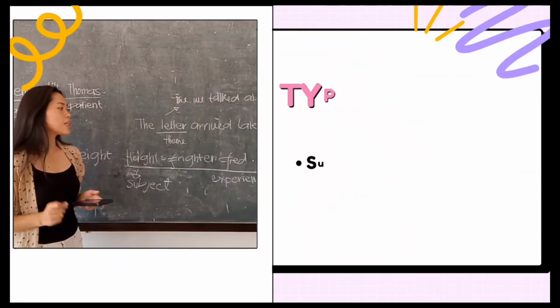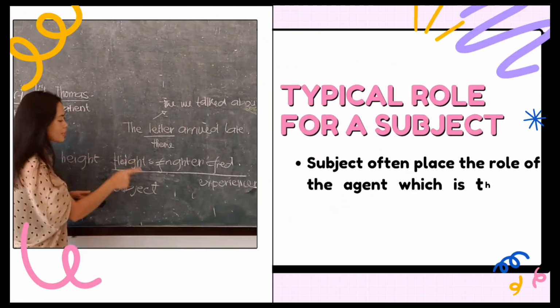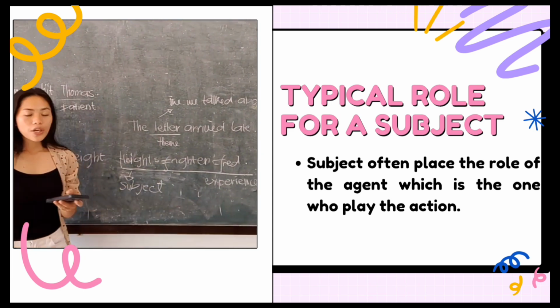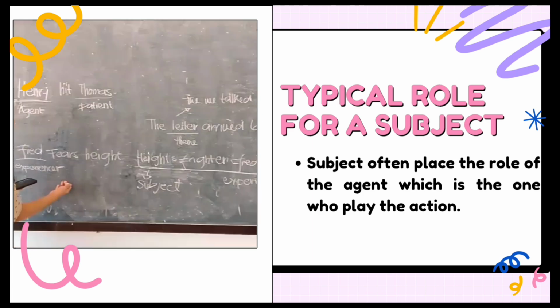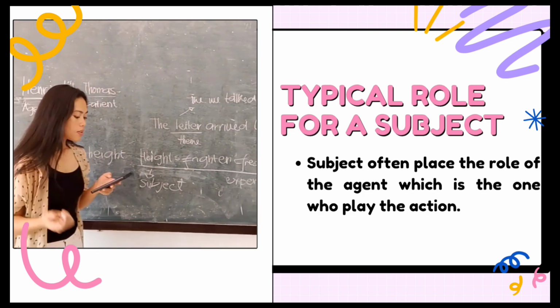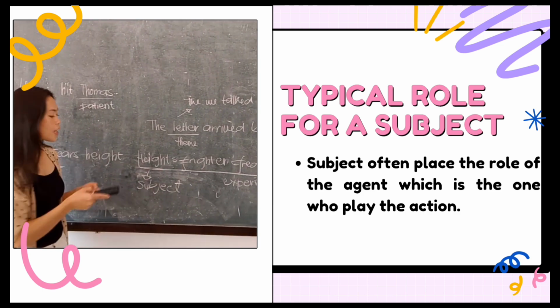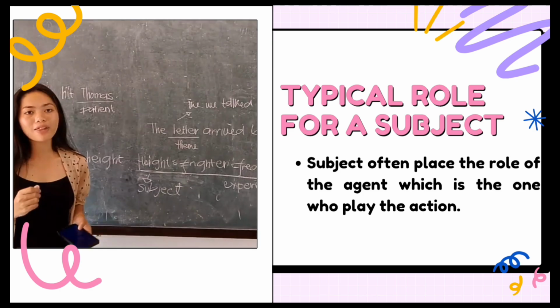Here is another example, "Heights frightened Fred." As you can see, heights is our subject here, and the one who experienced being frightened is Fred. So here, even though Fred has the same role as the experiencer in both sentences, he is the subject in the first but not in the second. This shows that the subject isn't always the one with a particular semantic role.